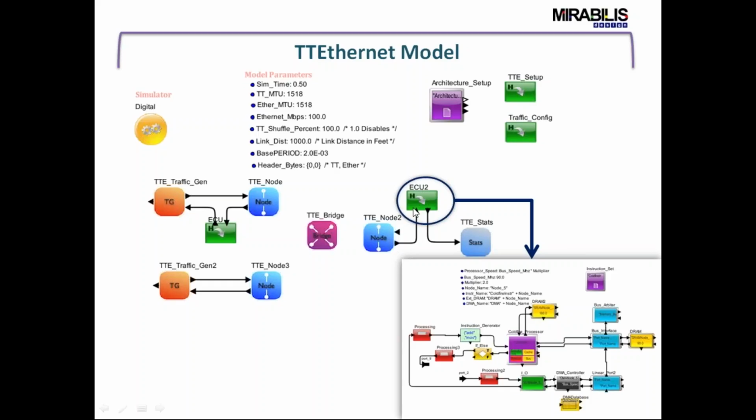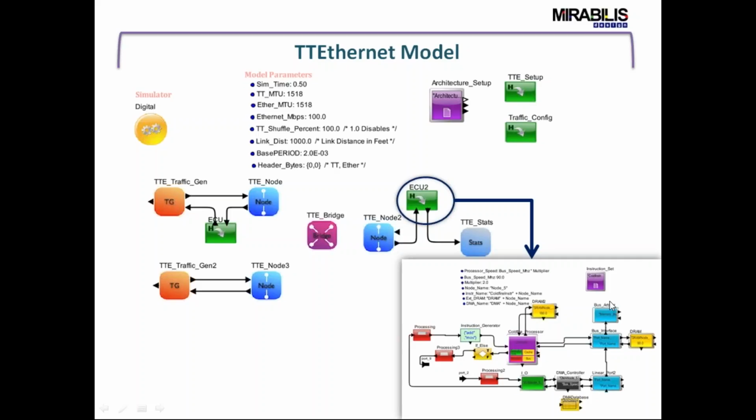In the block that I have highlighted over here, we have three TTEthernet nodes, or three endpoints, and out of three, two endpoints are connected to ECUs. In this case, they are ColdFire processor models, and this is a blown-up view of ECU1, which is a hierarchical block over here.